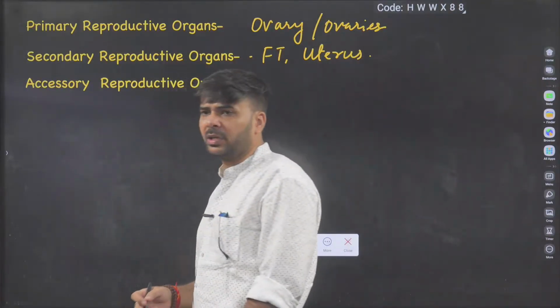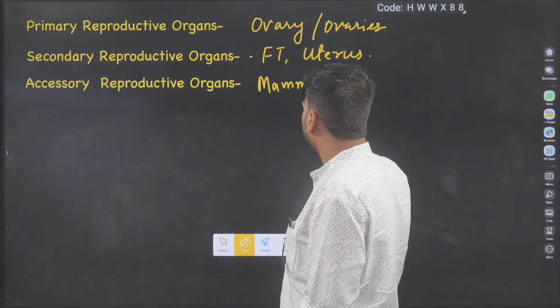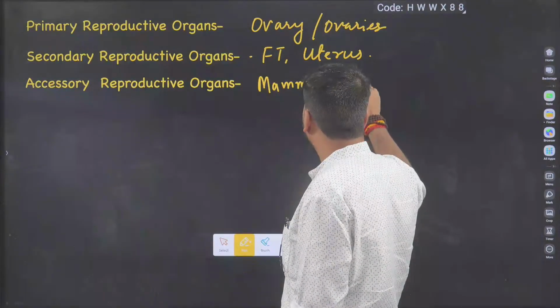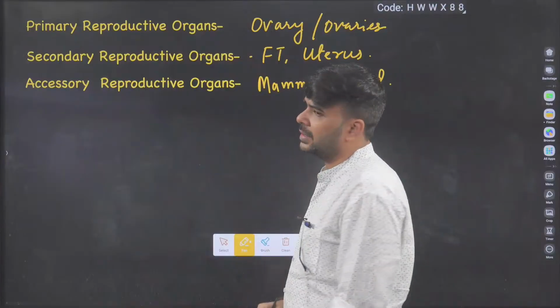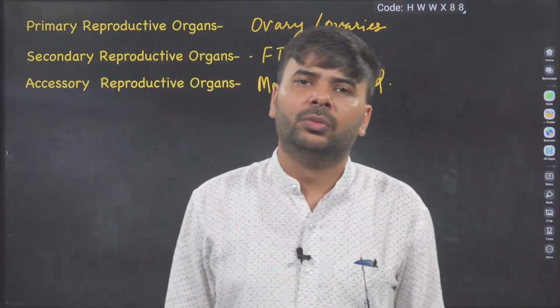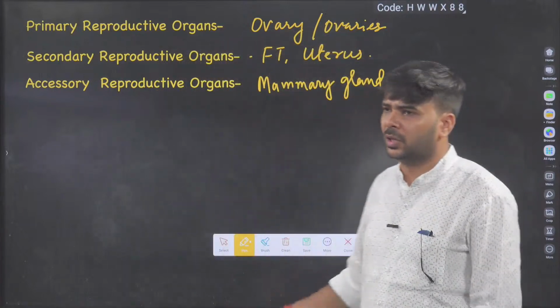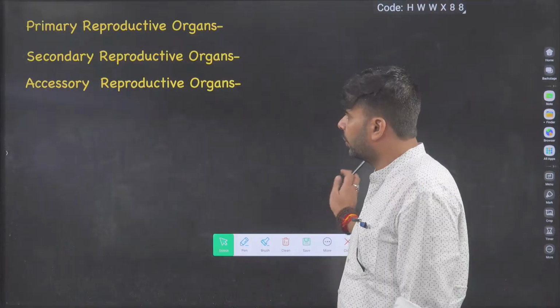And accessory reproductive organ, you can say mammary gland. Mammary gland assists in reproduction or it assists in parental care. Brood means parental care, so it will help in parental care. So next we can move now.